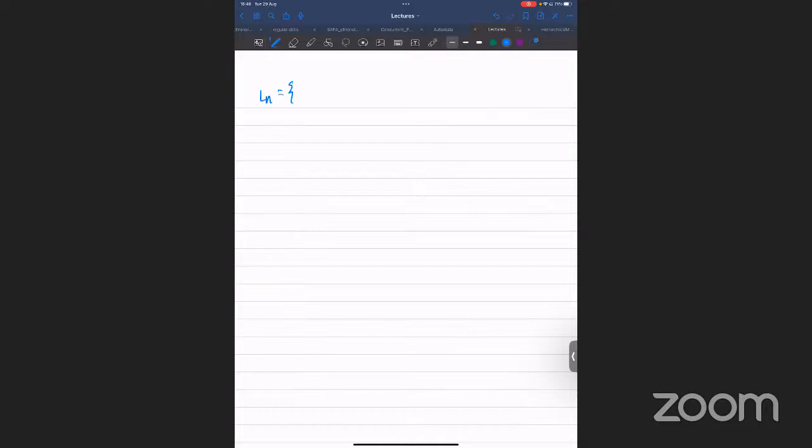It is the set of words over 0, 1 such that the nth letter from the end is a 1. Clear? It is easy to see that you can have an NFA with n plus 1 states. We saw this already.